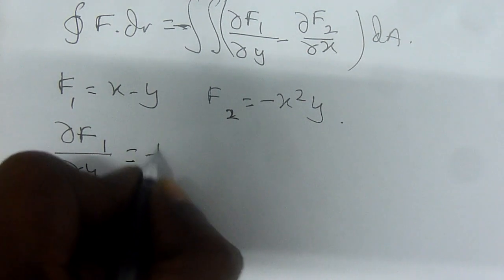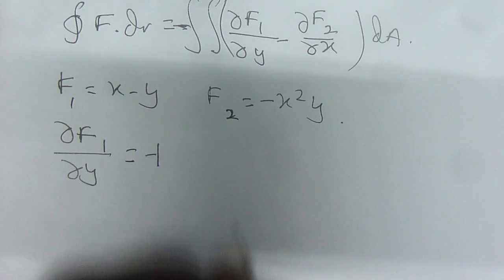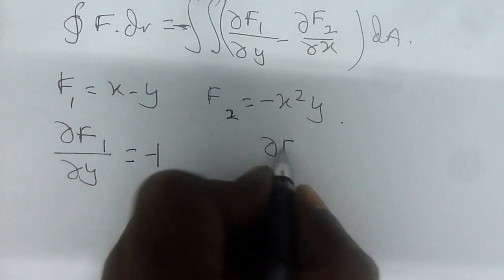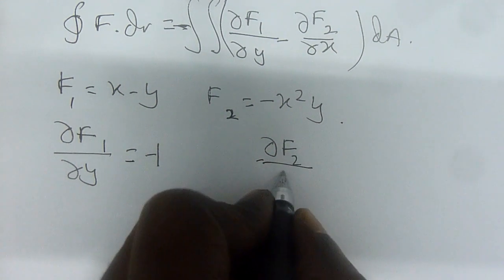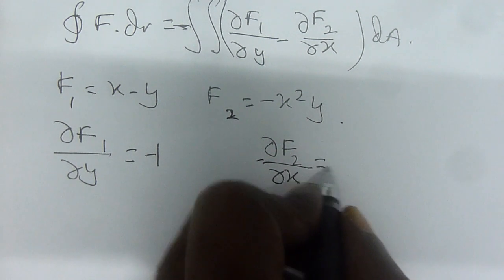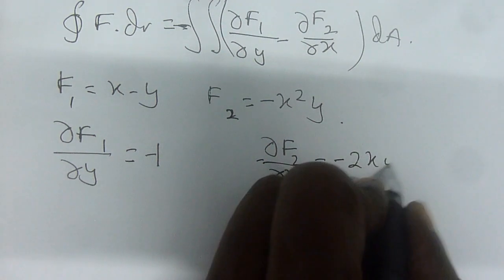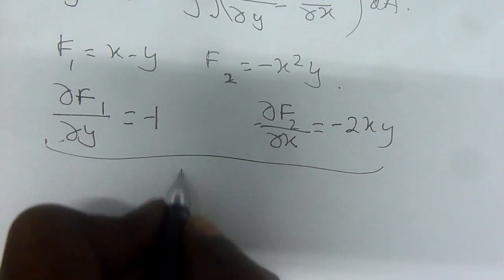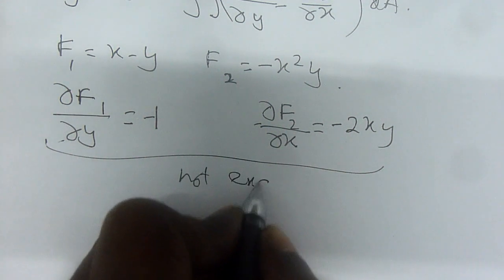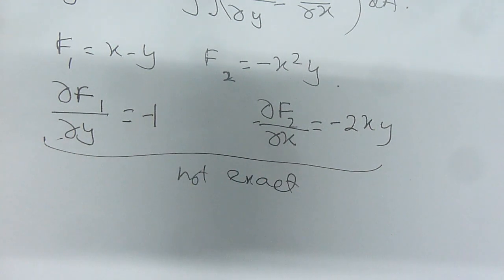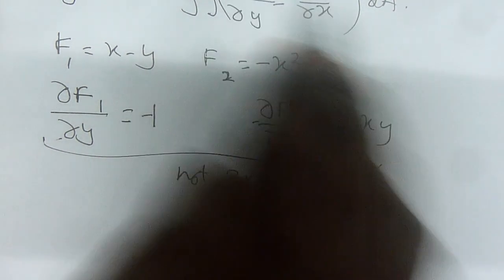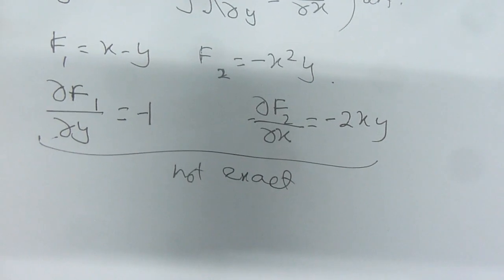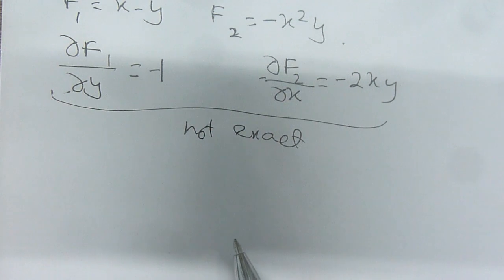Yes, negative 1. Can I perform del F2 del x? It's negative 2xy. This is very important. It's not exact. If it is not exact, can you use Green's theorem? Yes, you can.